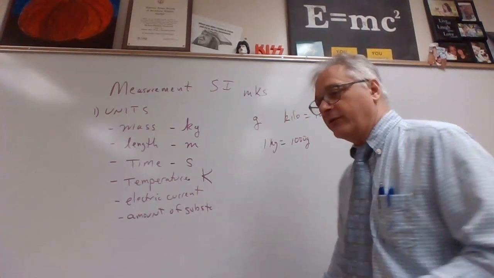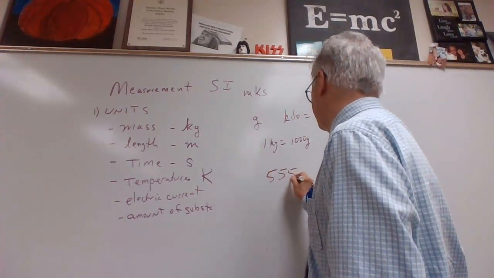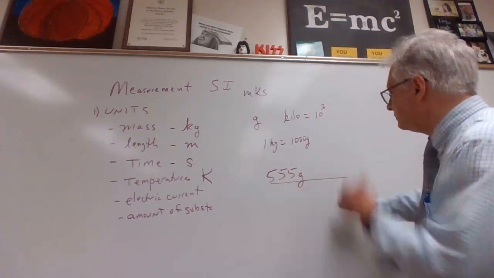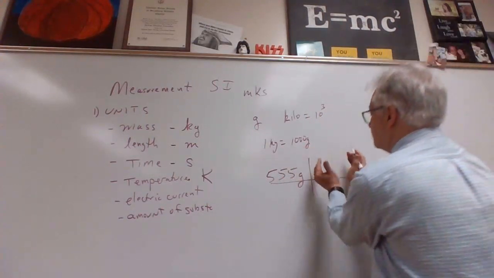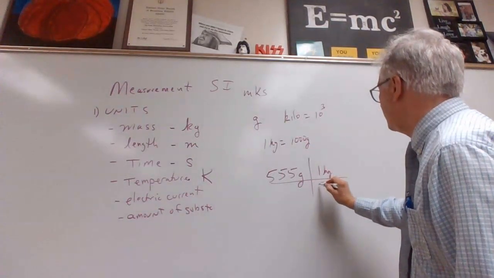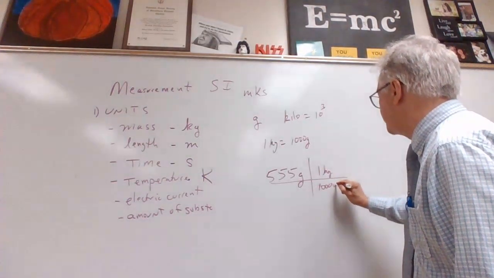Let's say I've got 555 grams and I want to know how many kilograms I have. Well, what we would say is, all right, 555 grams, I can multiply this by a conversion factor. 1 kilogram is 1,000 grams.